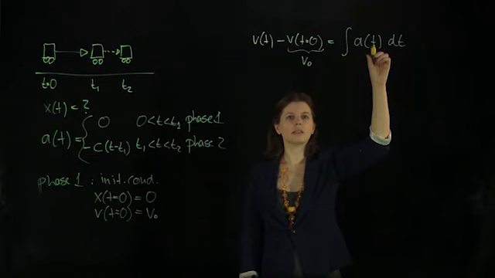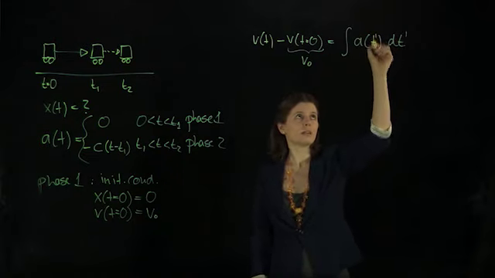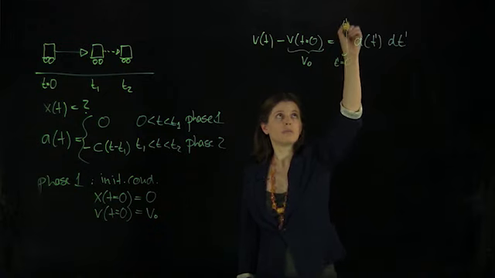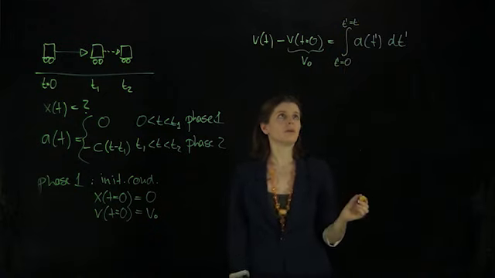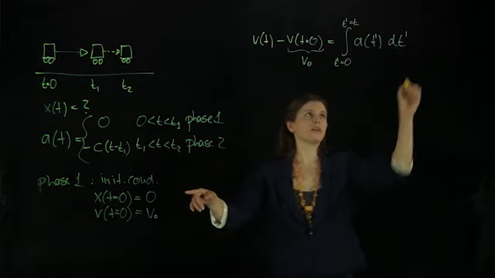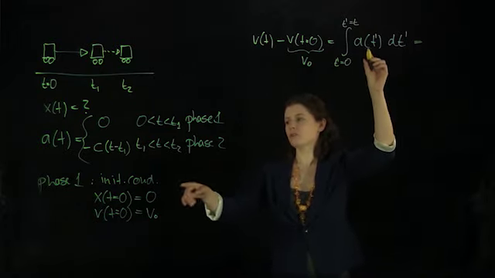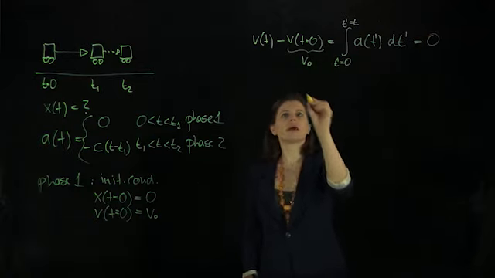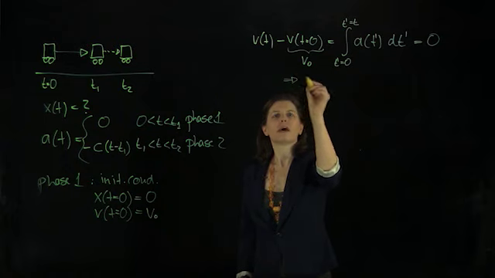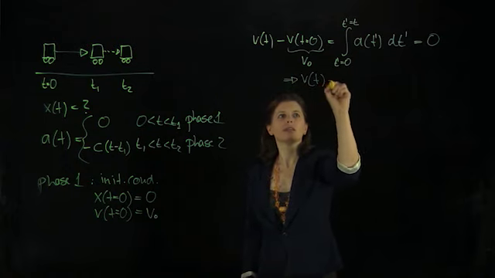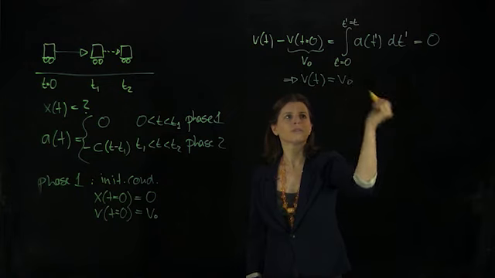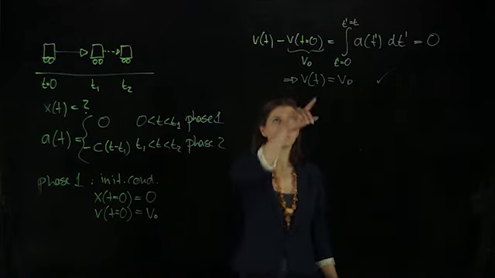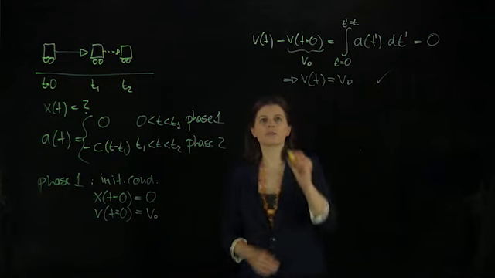And of course now t is an integration variable, so we have to give this a prime, and we're integrating from t prime equals 0 to t prime equals t. When we plug this in, a is 0 in phase 1, which means our integral is going to be 0. That's handy. And from that, we will find that v of t equals simply v0. All good.